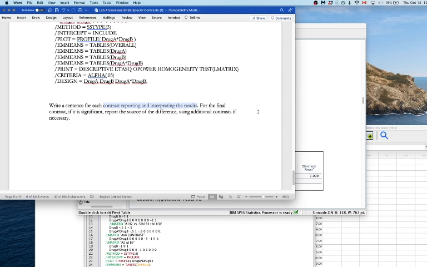So you want to say, okay, if this is significant, where is that difference coming from? And you might need to do additional contrasts, you might already have the answer in there. So that is everything for lab on Monday.